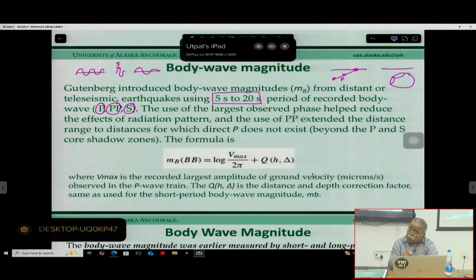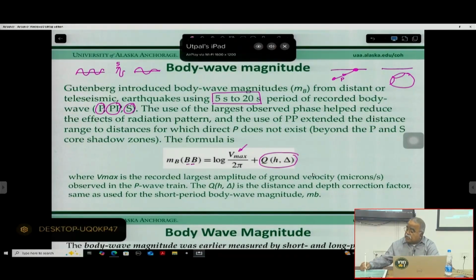So for the PP phase, we can measure the maximum velocity because we are using the broadband. So mb for a broadband station is equal to log of Vmax by 2 pi plus a factor, which is your distance factor, Q of h and delta.